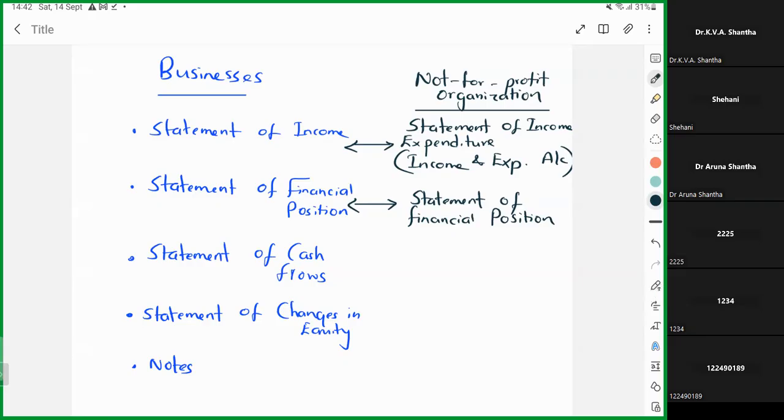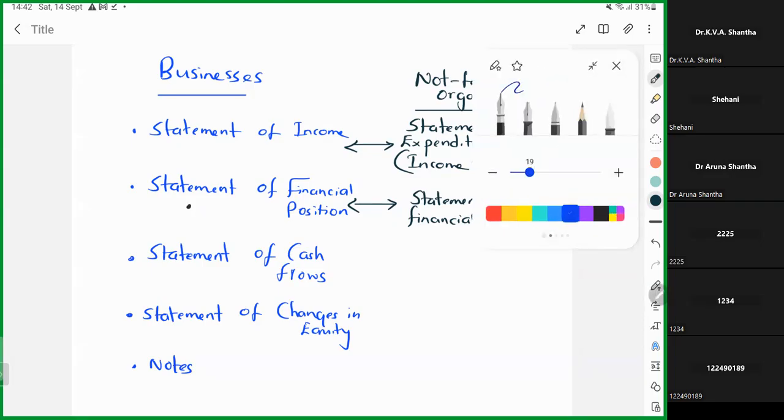In businesses, you can remember the financial position includes assets, liabilities, and equity.